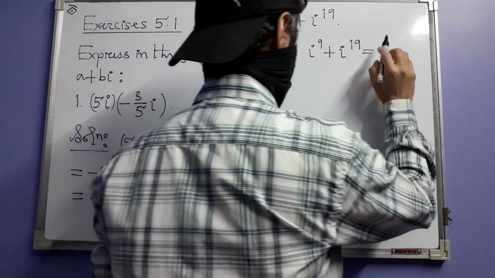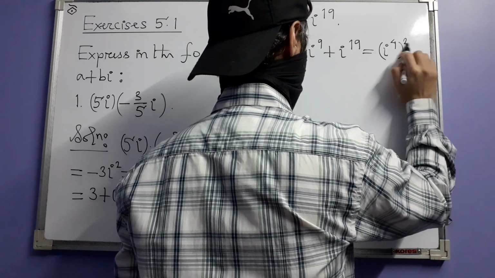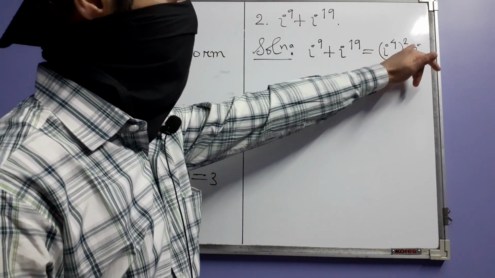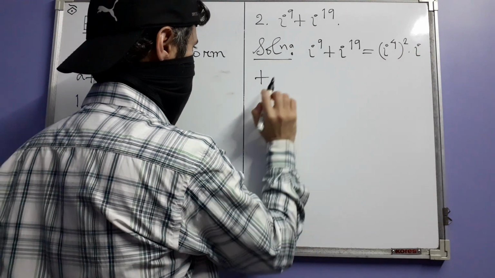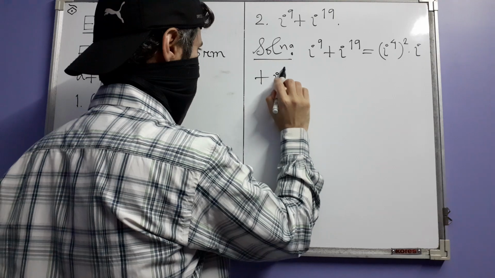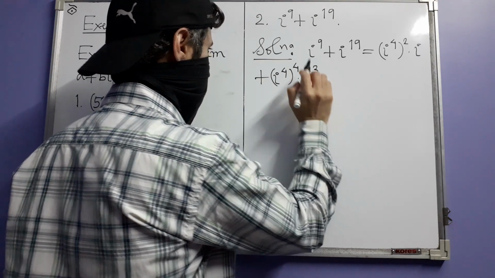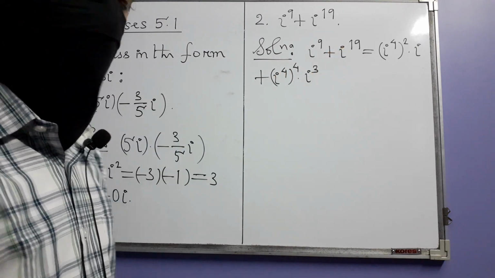Here for example you can write i to the power 4 square times i, because 4 times 2 is 8 and 8 plus 1 is 9. Similarly here you can write this, because 4 times 4 is 16, 16 plus 3 is 19.